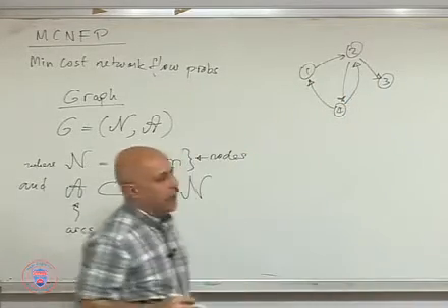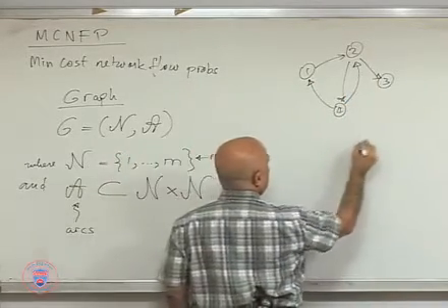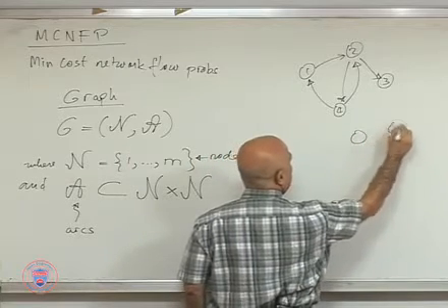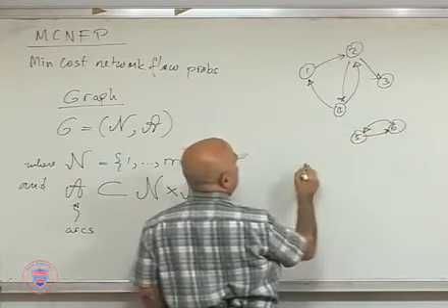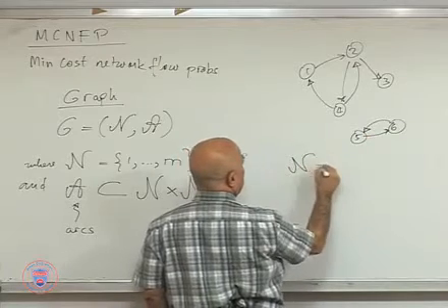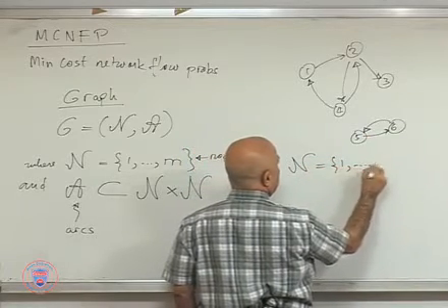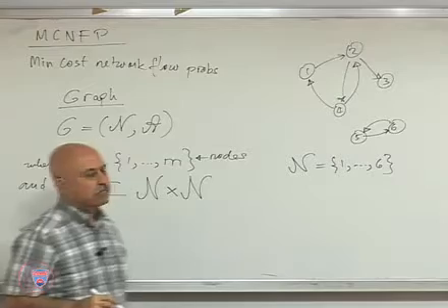this could be a graph. In this case, let's also have two more nodes here, 5 and 6. This graph has nodes 1 through 6. Okay?